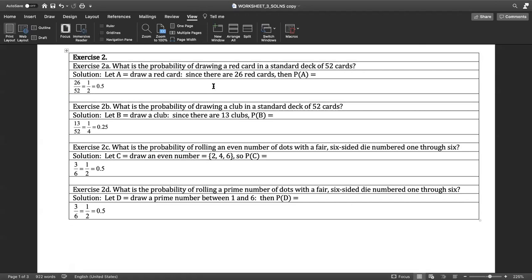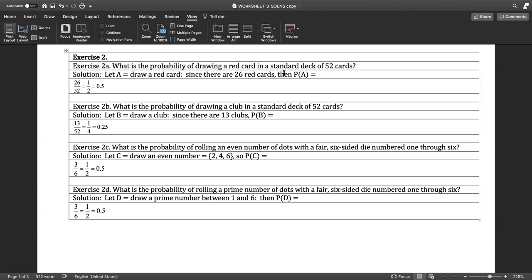And here, number 2 is a standard deck of cards. Okay, now we've all played cards. We've played gin rummy. We can play poker. We can play pinochle, if anybody knows what that is. There are lots of different card games.